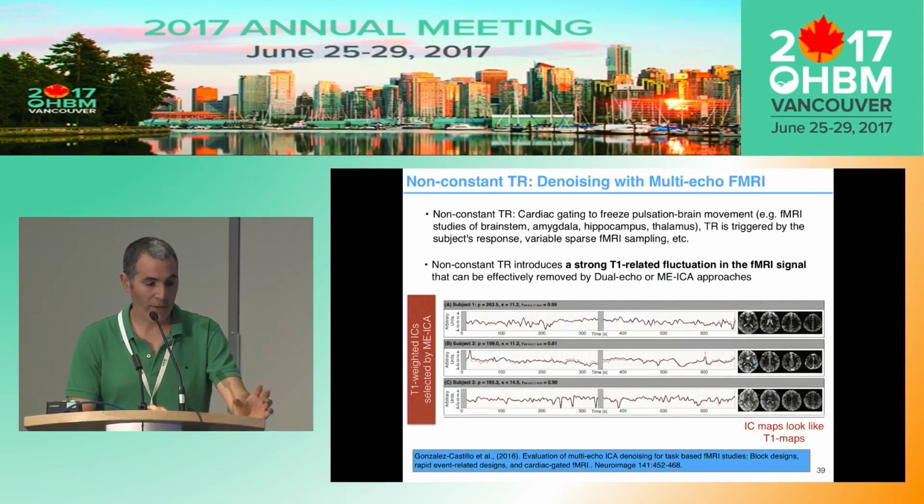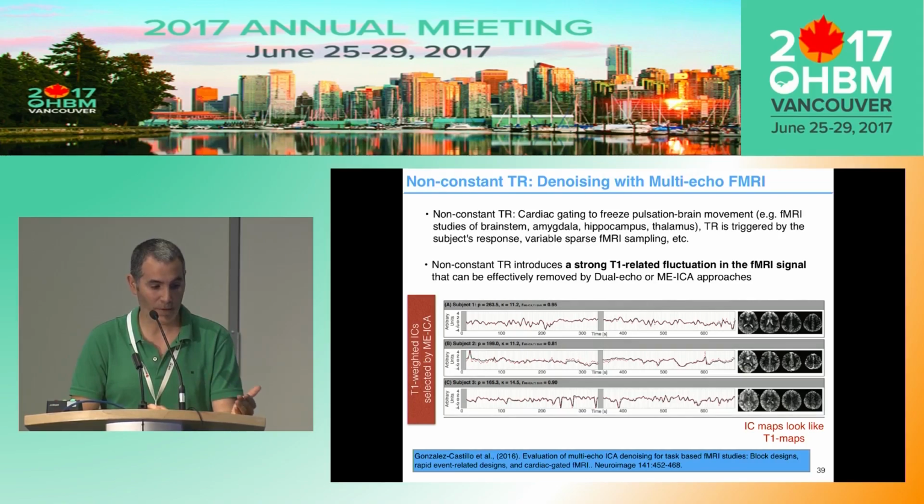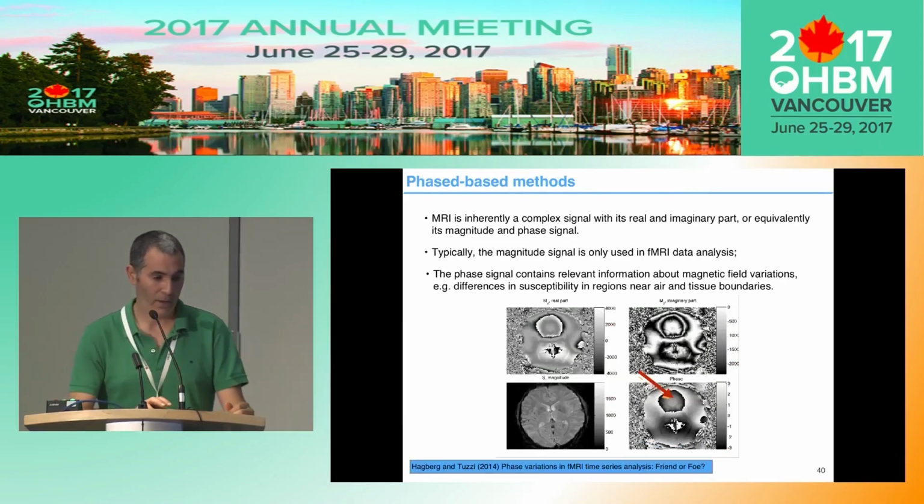And then a very interesting application is if you have a non-constant TR with multi-echo fMRI, you can remove those strong T1-related fluctuation effects that appear when you have a non-constant repetition time. And this can be effectively removed by dual echo or multi-echo ICA approaches, as you can see in this figure.